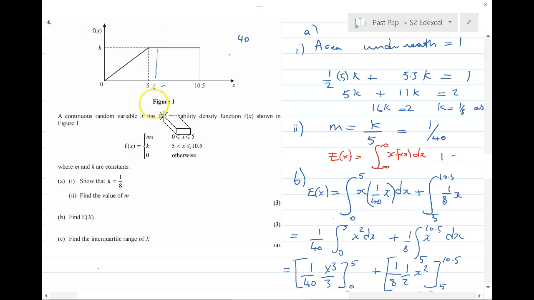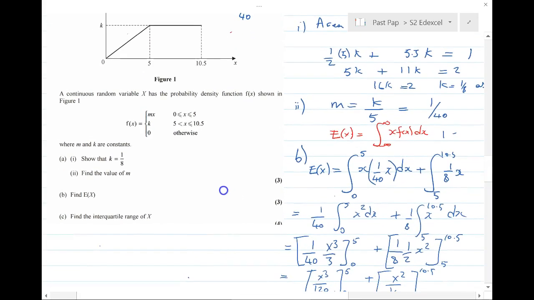I'd be surprised by anything less than 5, and something too close to 10.5 would also be questionable. We'd certainly know we were wrong if we had the answer 11, for example. But even 10 or 9 would seem a bit questionable. 6.37 seems reasonable. Okay.